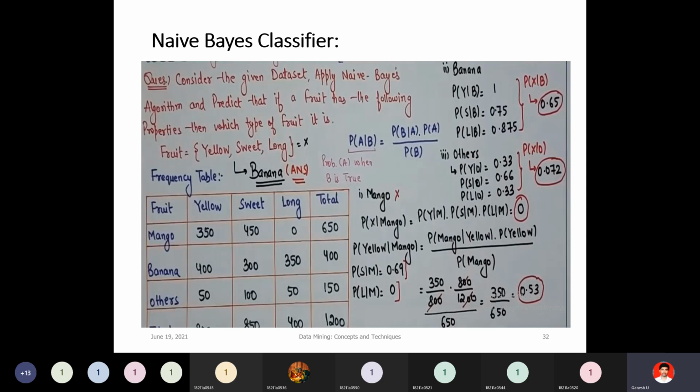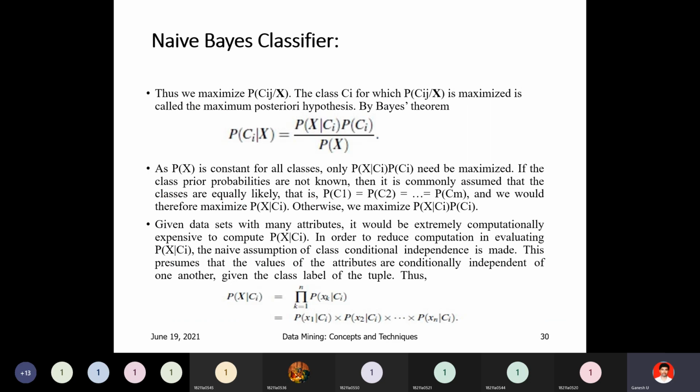In this slide you can see P of X by C equals the product for k equal to 1 to n of P of xk by ci, that is P of x1 by ci, x2 by ci and so on up to xn by ci.